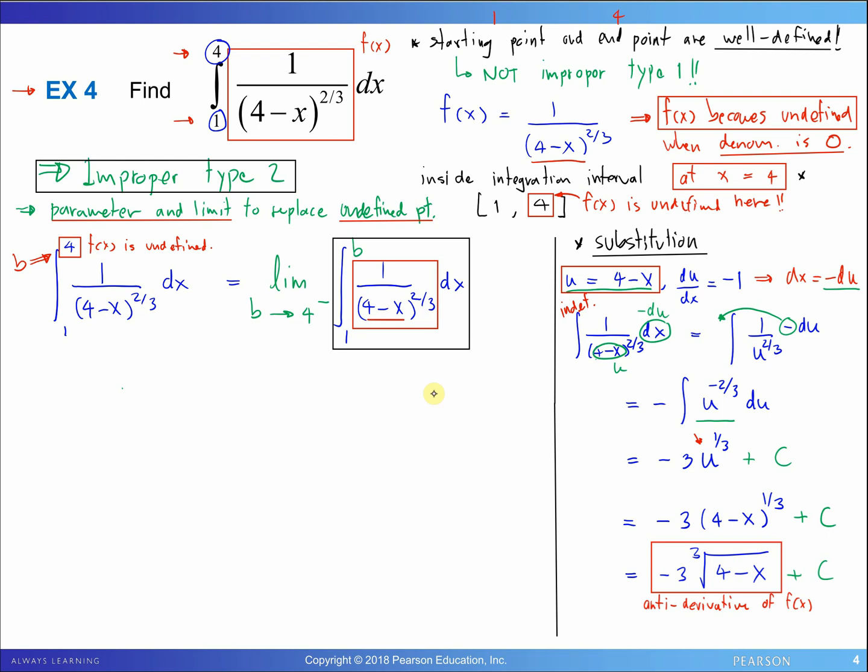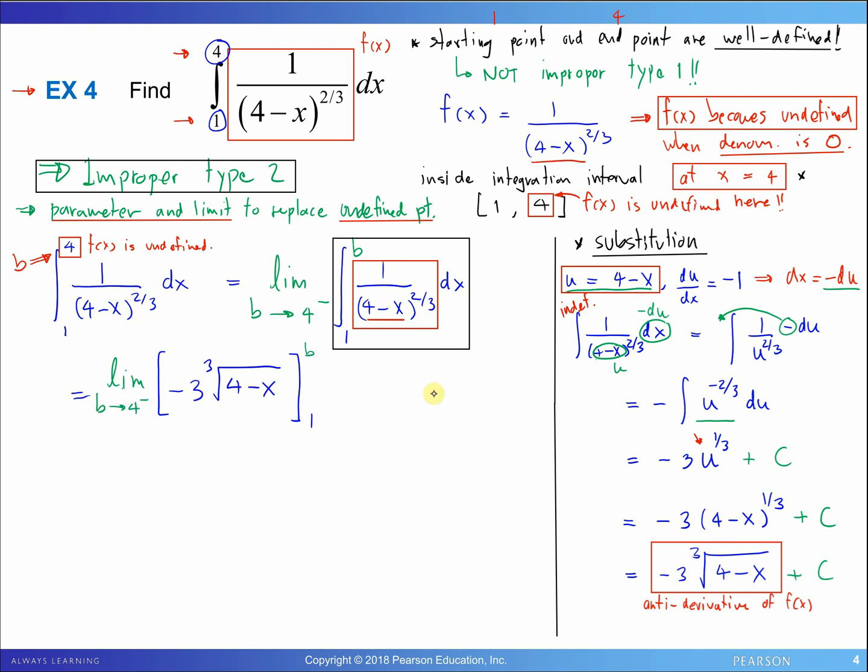And we have this equal to minus 3 cube root of 4 minus x evaluated at two values. The endpoint is b and the starting point is 1. And now we still have this limit at the front to tell b to approach 4 from the left-hand side.